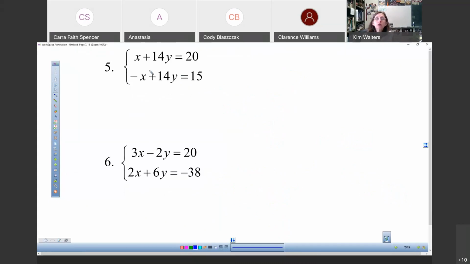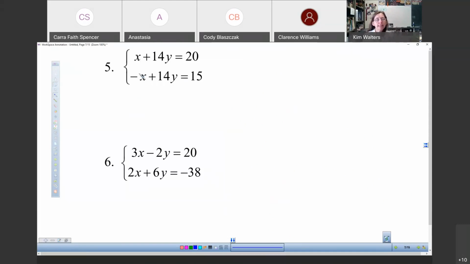So now look at number 5 with me. It has an x plus 14y is equal to 20 and a negative x plus 14y is equal to 15. The first thing right off the bat I see is this positive x and negative x. When I see a positive and a negative of the same thing, I immediately personally think, oh, addition.